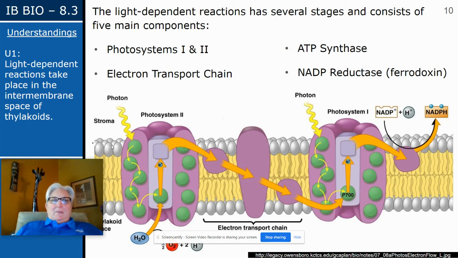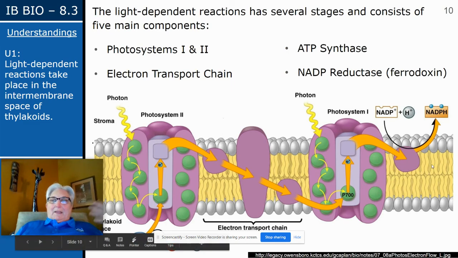Now you'll notice here's the membrane of the thylakoid, and we see that embedded here we have photosystem 2, which is where we start, and photosystem 1, where we gain some more energy from the photons, whatever our light source happens to be, and we then carry on.